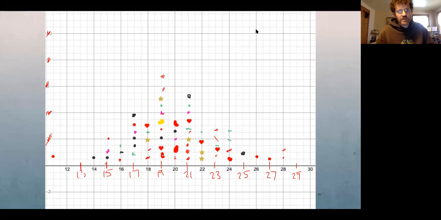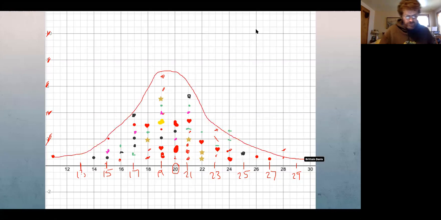Okay, we can see everyone's got their data put in. For whatever reason, we're not getting many right at 20, and it looks like someone got 11. That's crazy. We are getting what appears to be a normal distribution, which hopefully does not come as any shock. You're probably expecting that.